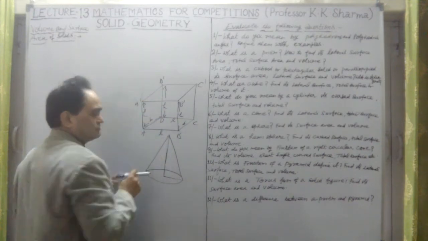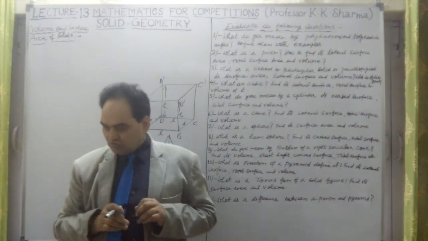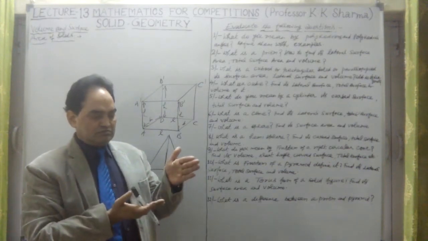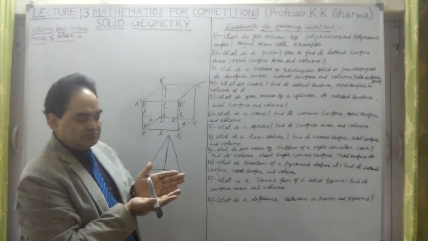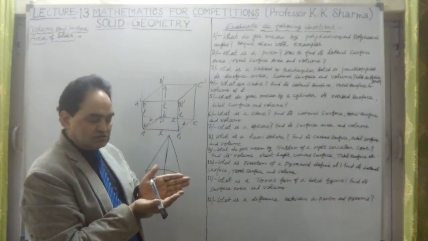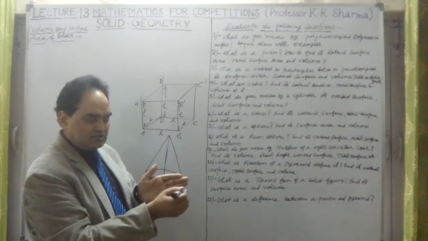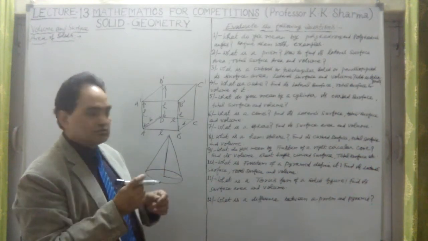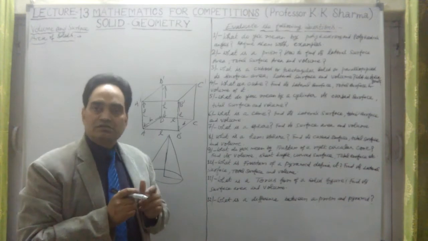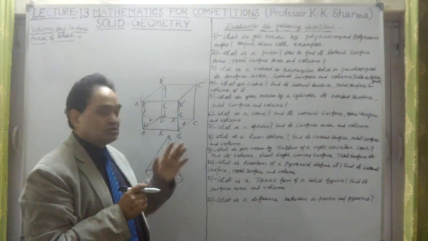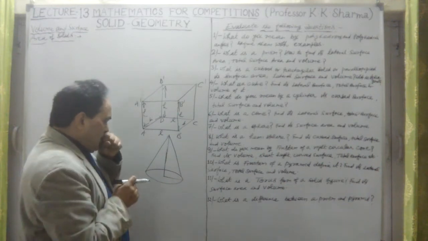So these are three-dimensional figures. Now in three-dimensional figures there is an octagonal form, there are 8 angles here.